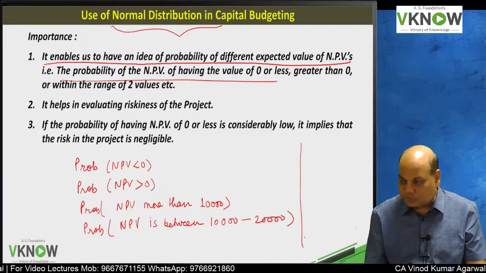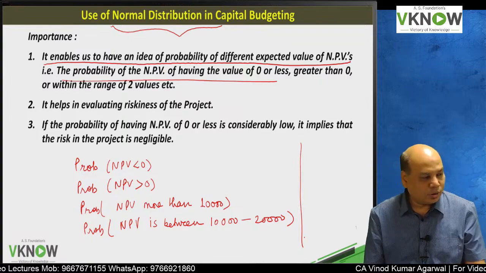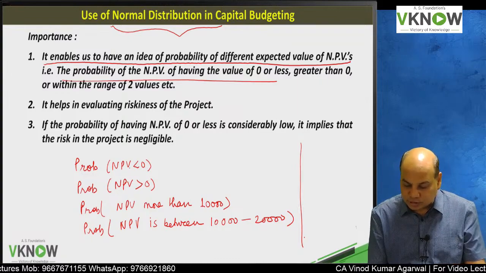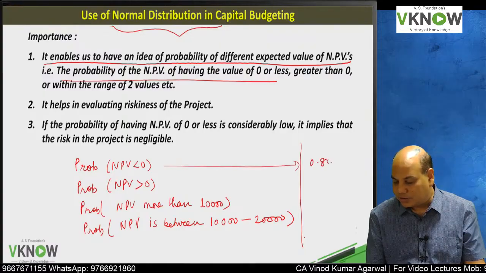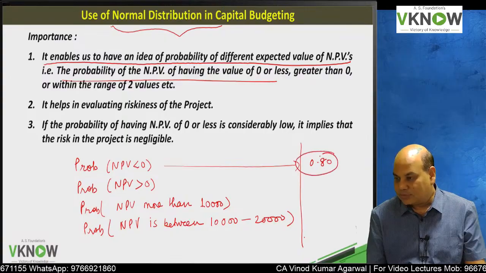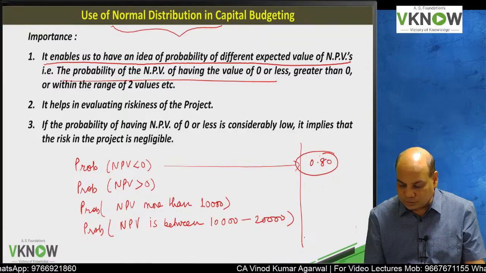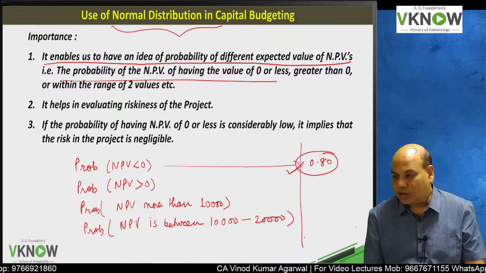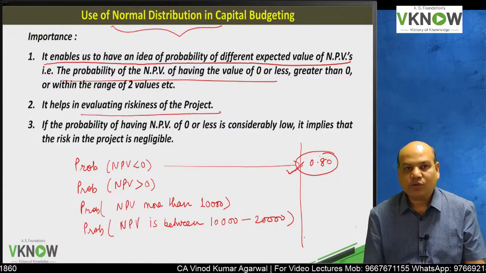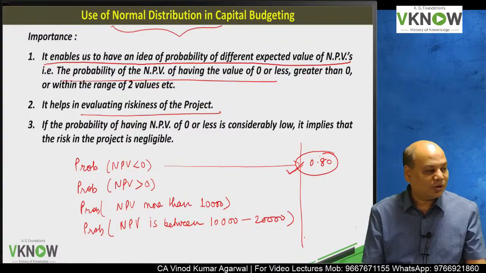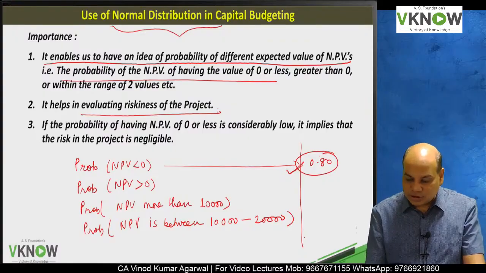Now what is the purpose of knowing the probability? How are you benefited by knowing the probability? If probability of negative NPV is, suppose, 0.80, it is very high, and therefore you may not like to start the project. Knowing the probability helps us to understand the risk. What is the risk?